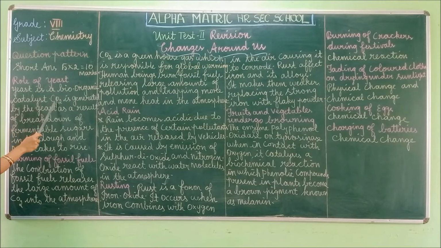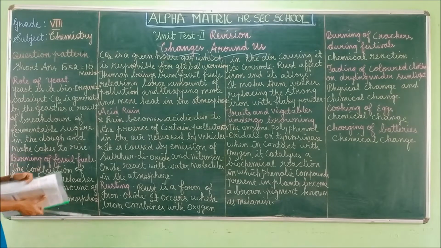Here carbon dioxide is generated by the yeast as a result of the breakdown of fermentable sugars in the dough and makes cakes rise. So this role only yeast is playing.